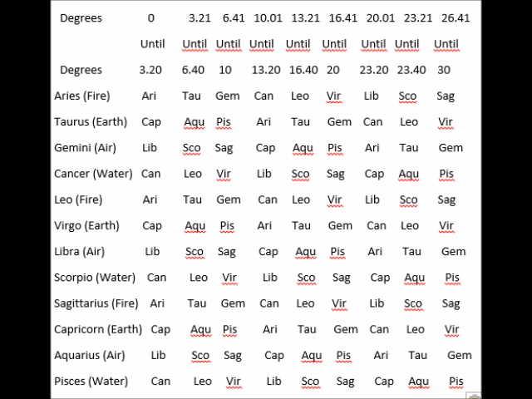And there are rules for those subdivisions of the Rashi, or zodiac sign, based on what element that zodiac sign represents, and based on what rules the sages have given. And this table is going to explain it to you in a little more detail.